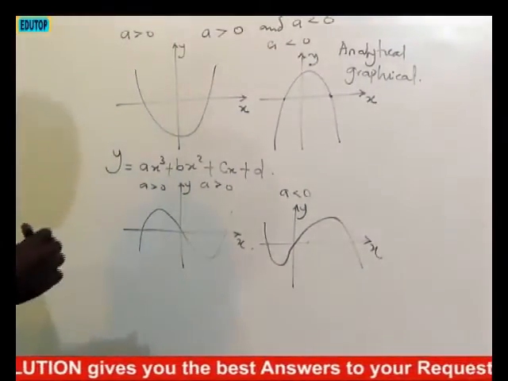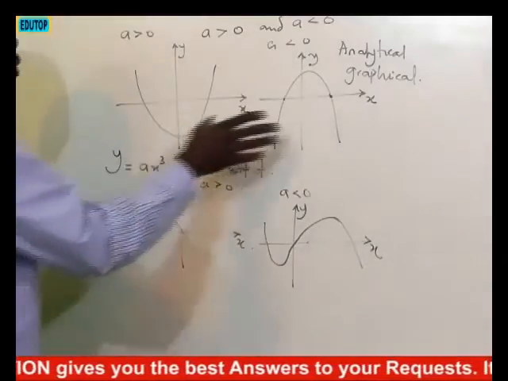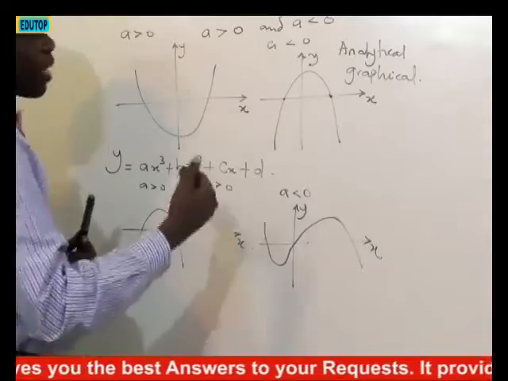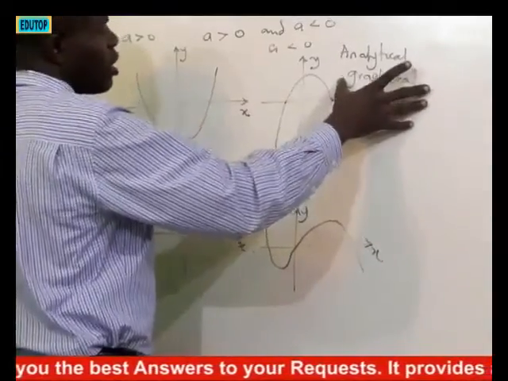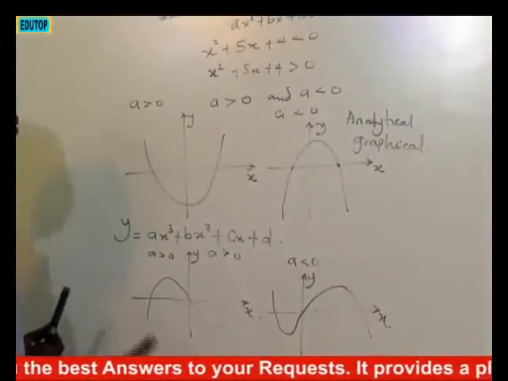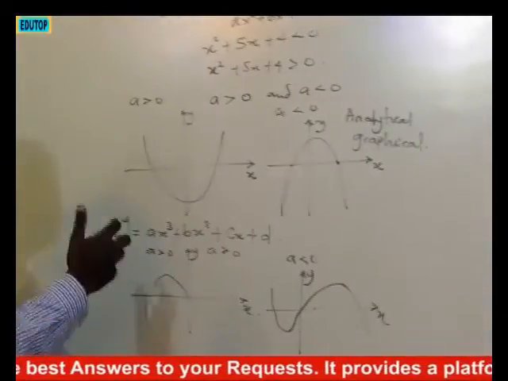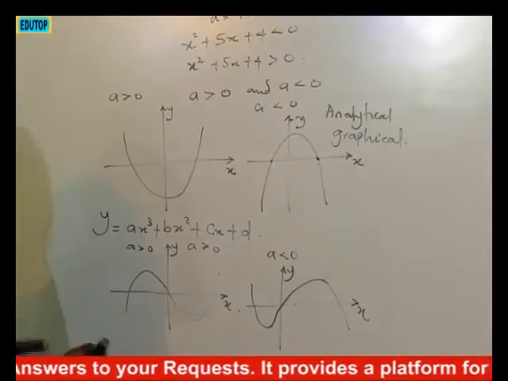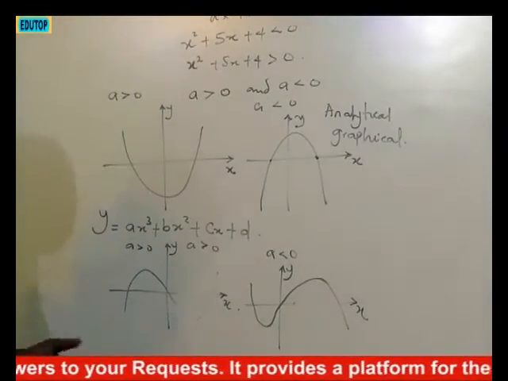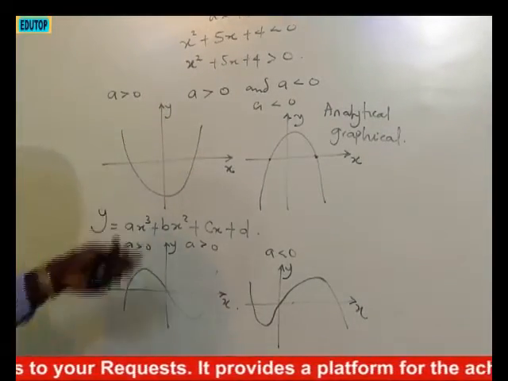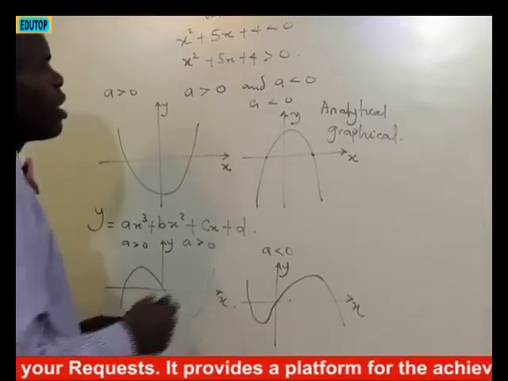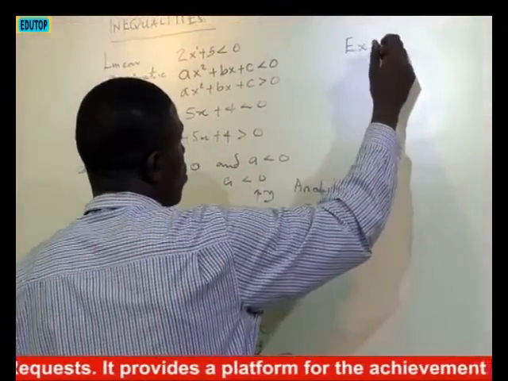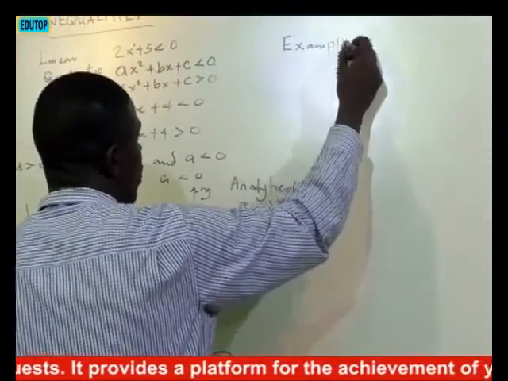That is why it is very good to note the shape of our curve, so that by the time we start using this graphical method, it will not be confusing. So we are going to look at 12 UTME questions designed for this topic so that we can appreciate the use of graphical method. Or let me quickly cite an example where the use of graphical method is of significance.